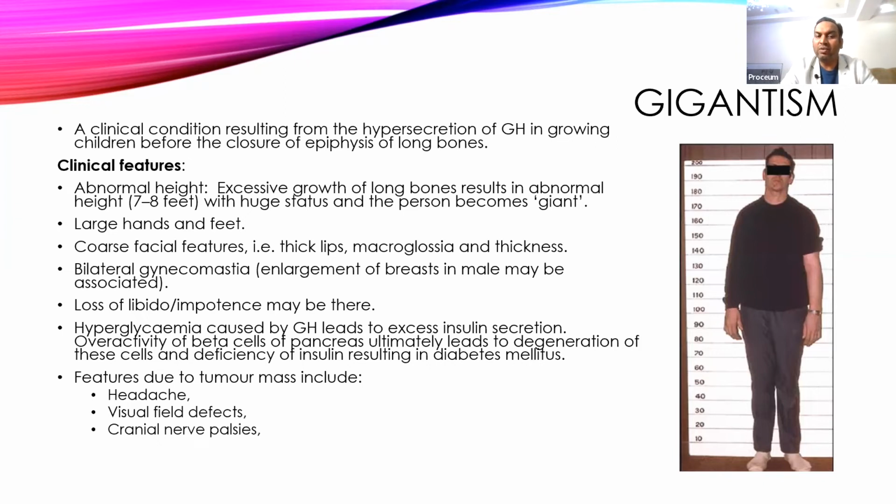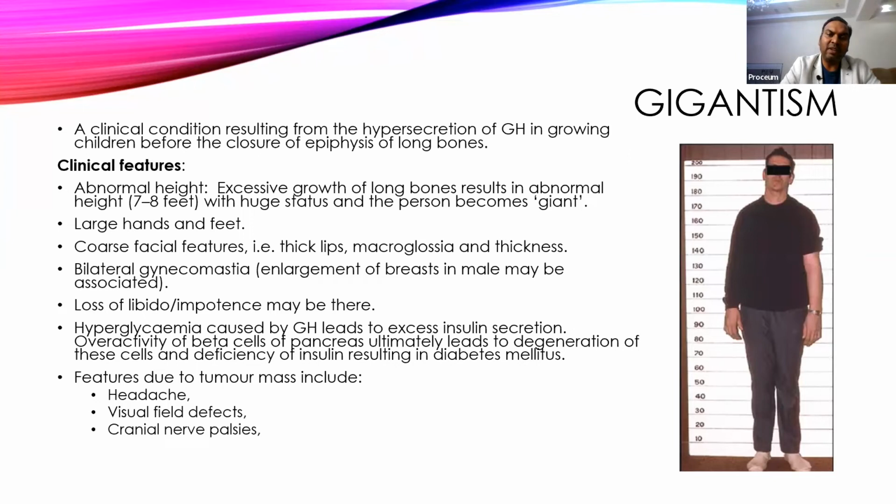Then breast tissue will also increase because of an action similar to prolactin, and that can cause gynecomastia in this patient. Then this growth hormone, when it is secreted by acidophilic cells, can compromise the function of the basophilic cells that secrete the gonadotrophic hormones like LH and FSH, and because of that, it can lead to impotency or loss of libido.